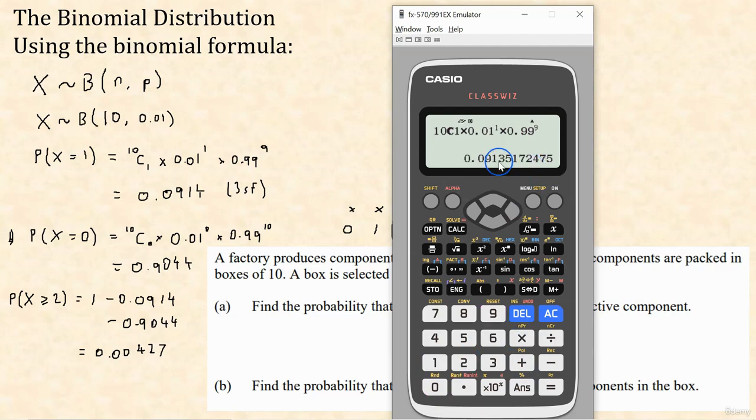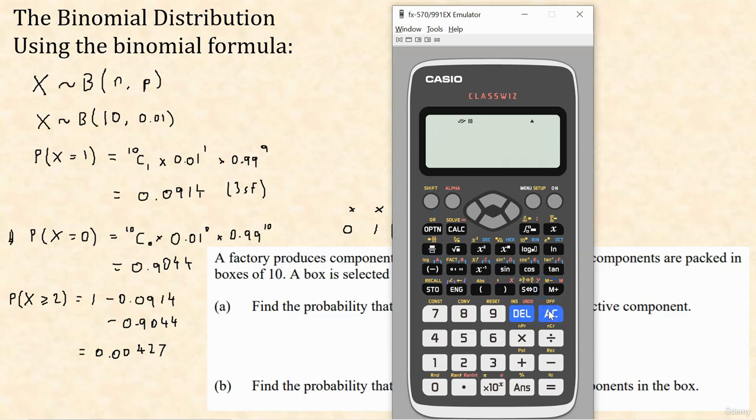Here's our answer, except you can see I rounded it when I wrote it down. I want to keep that exact answer, so I use this store button, STO. I click that, and then if I click on any one of these buttons, it will store it as A, B, C, etc. I'll store that as A. So this number is now stored as A in my calculator. If I need to recall it, I just use alpha A, and there it is.